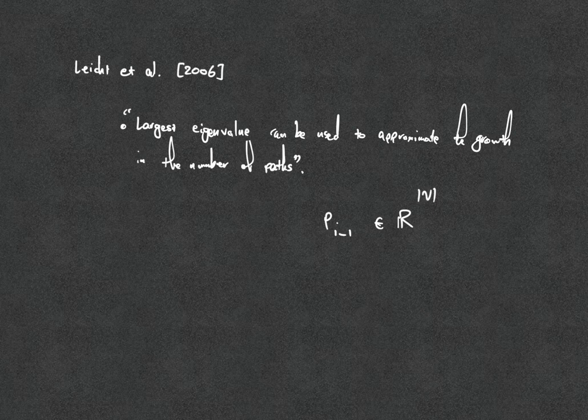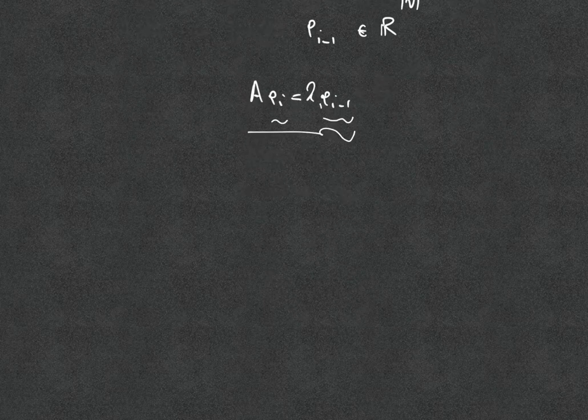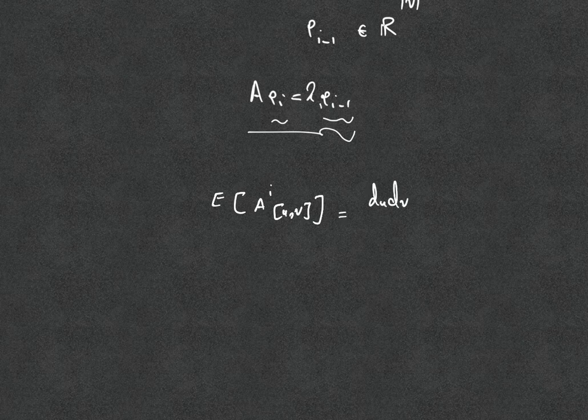Then you have this equation, and for large i's this would basically be an eigenvector, which gives the eigenvector-eigenvalue equation, where lambda 1 is the dominant eigenvalue of the matrix A. Therefore, they could work with the i equal to 1 version as a baseline, and you have du dv over 2m, as we discussed before, times lambda to the i minus 1.